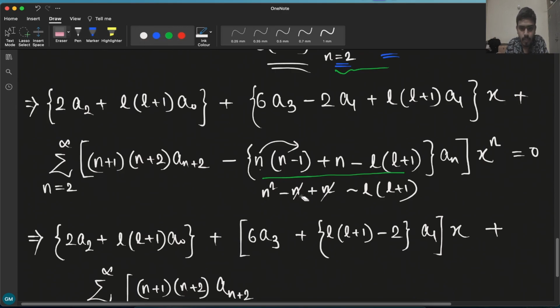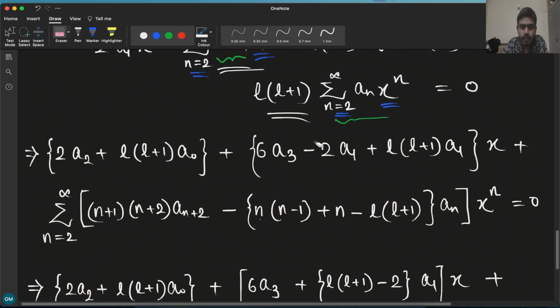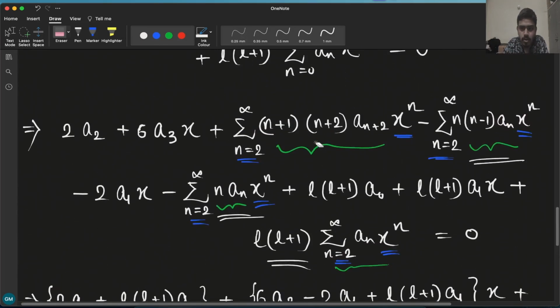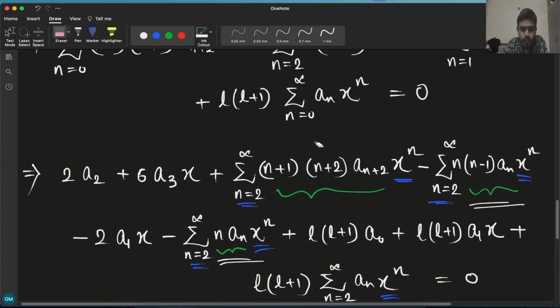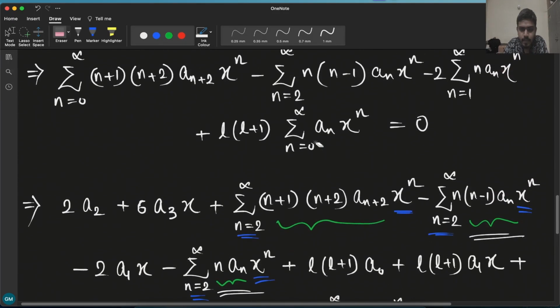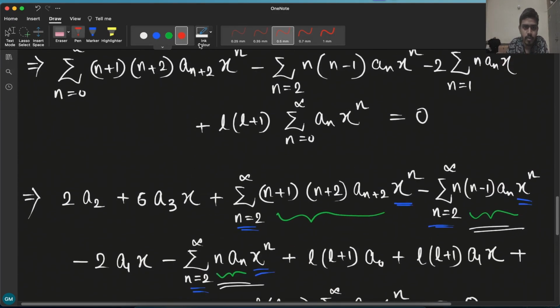Okay, the mistake is, let's go back to this step. Here, for this term which was starting from n equals 1, I wrote these two terms.